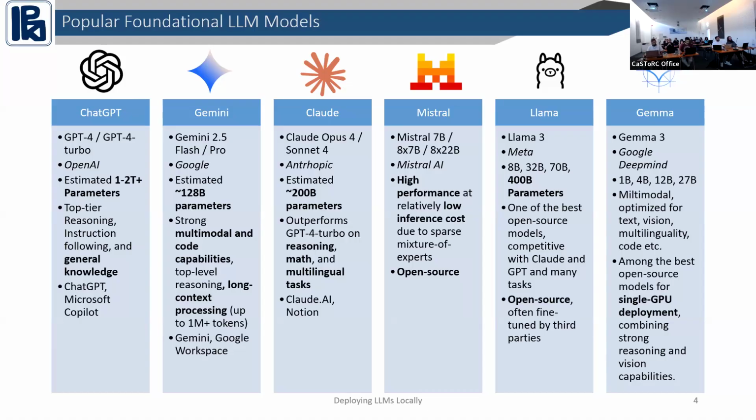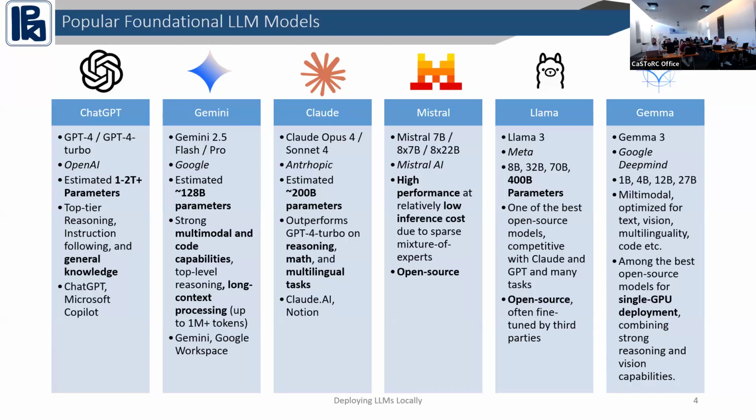And each one, if you happen to use all of them, you can see that they have different strengths and weaknesses. Some provide better multimodal and code capabilities than others, for example. Others provide better reasoning, and so on.